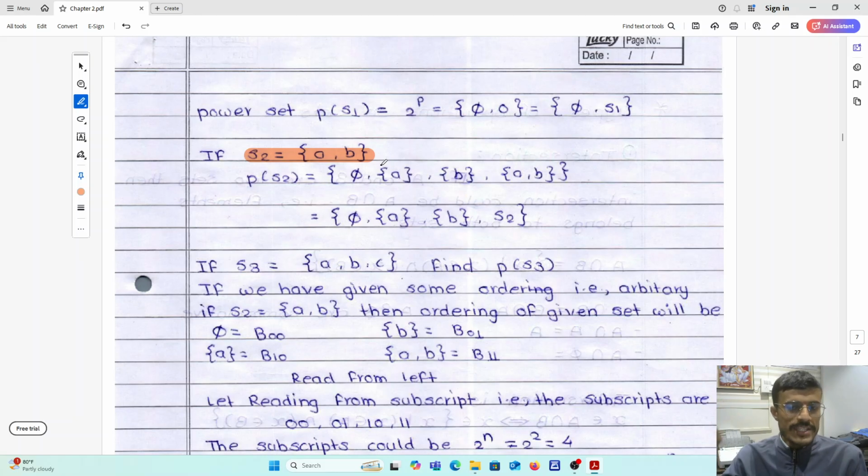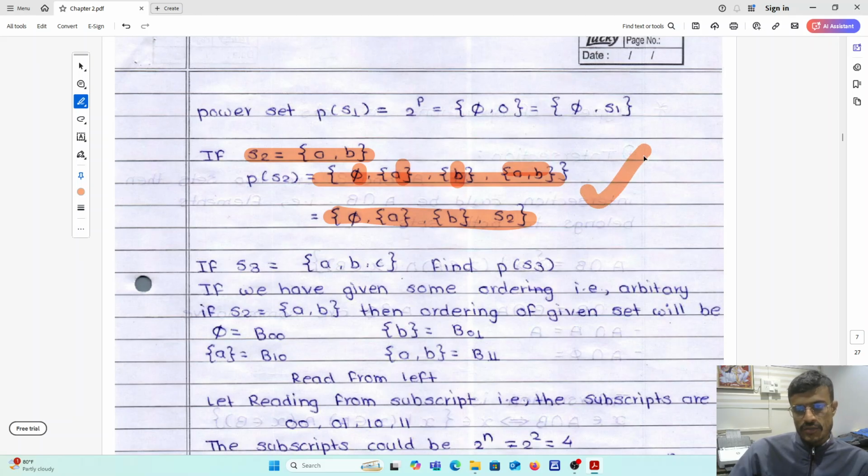So 4 possible subsets will be there, and those subsets are phi, {A}, {B}, and {A, B}. These are the 4 subsets with respect to the original set S2, and P(S2) is the power set, denoted like this.